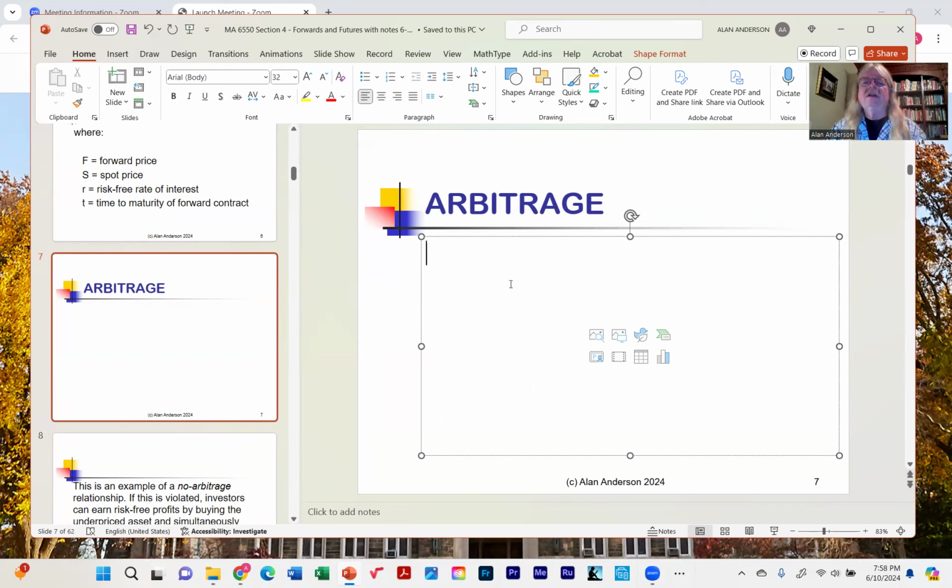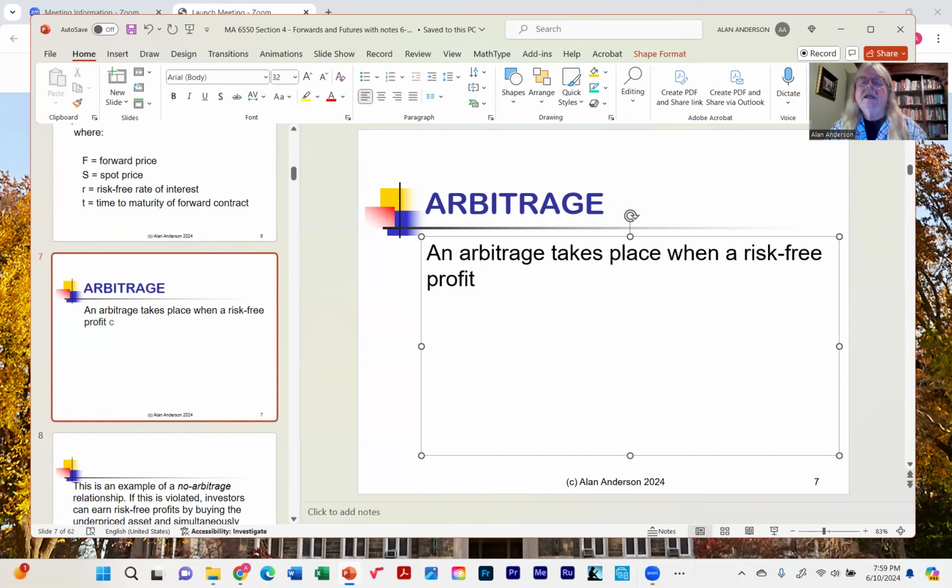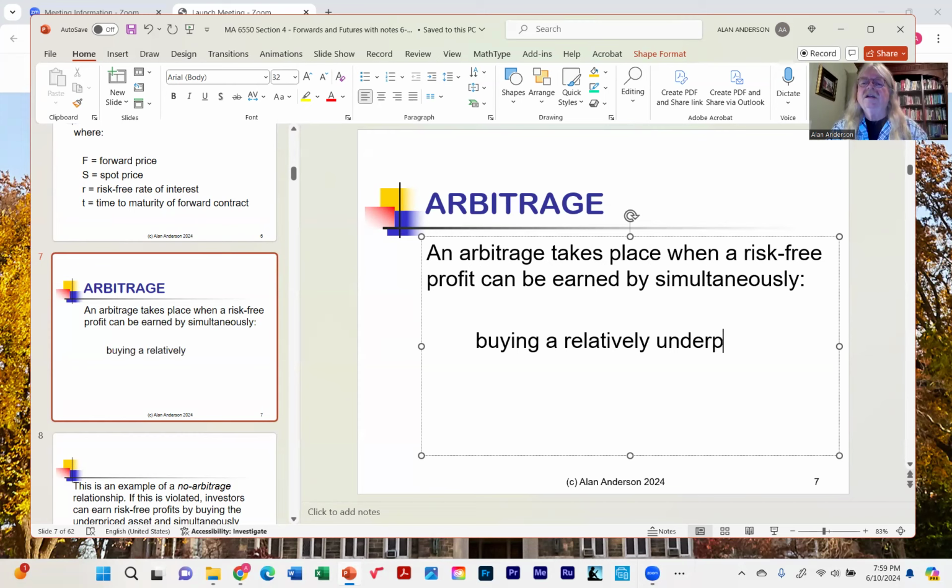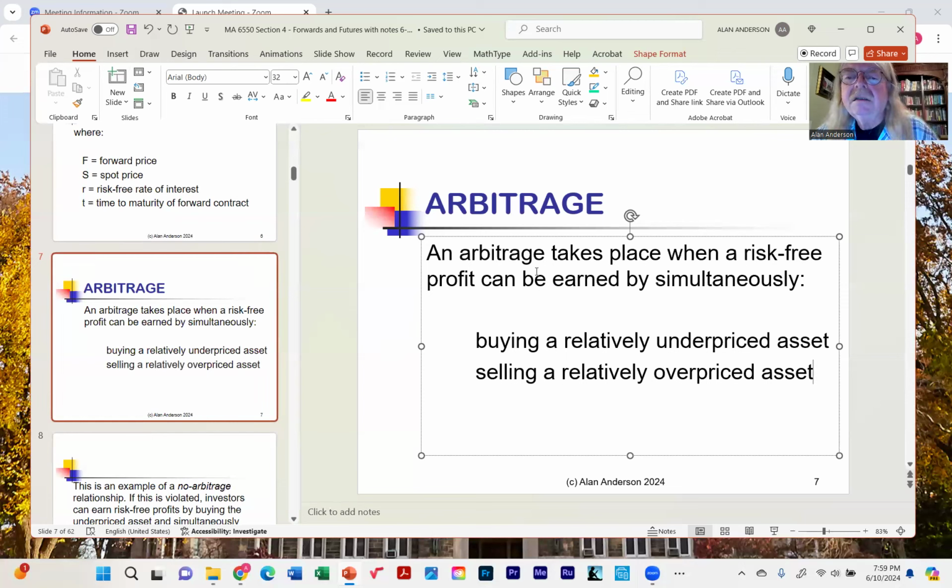And basically, what happens here is that an arbitrage takes place when a risk-free profit can be earned by simultaneously buying a relatively underpriced asset and selling a relatively overpriced asset. And what's important about this is that it can be financed with borrowing.